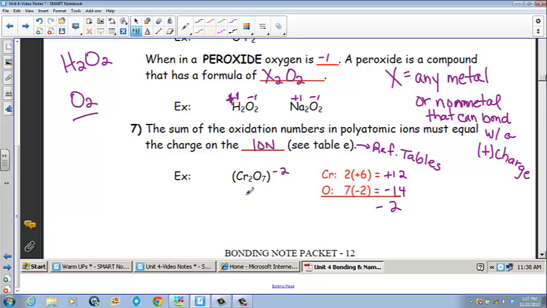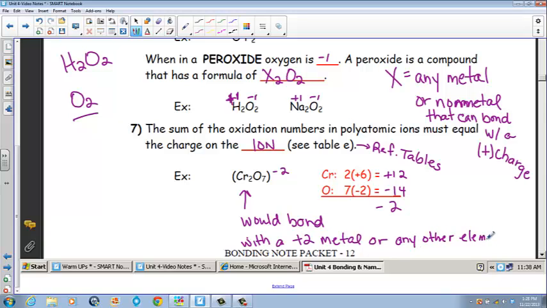So this ion here would bond with a +2 metal, or any other element that adds up to a +2 to balance out the equation.